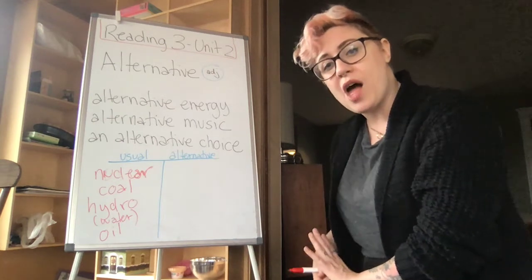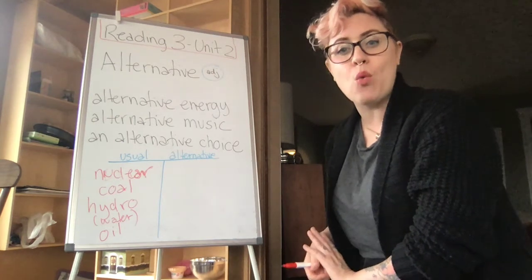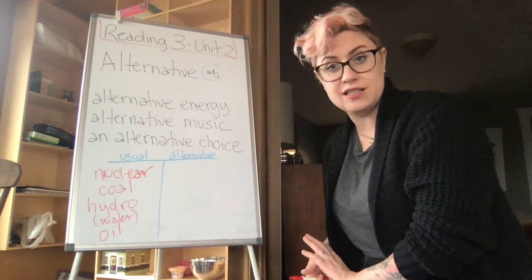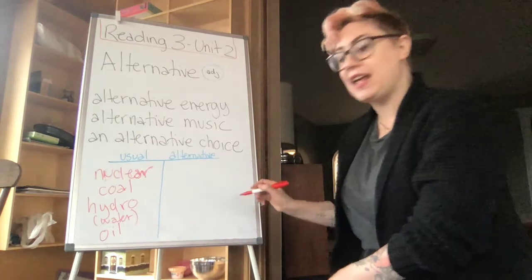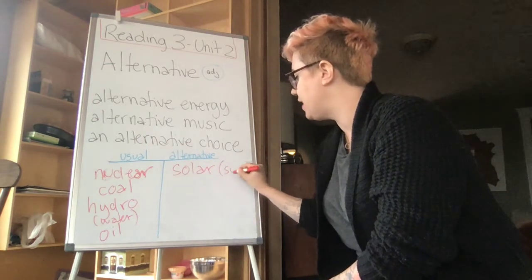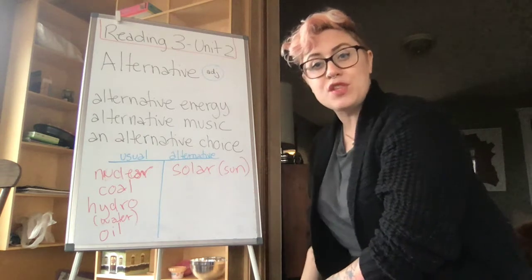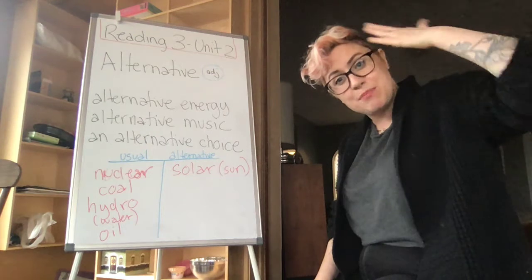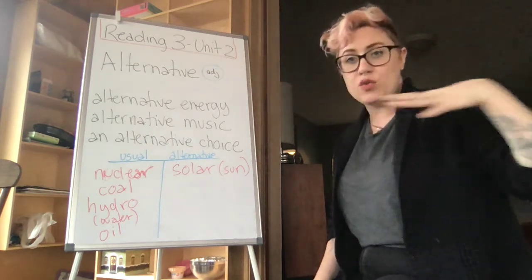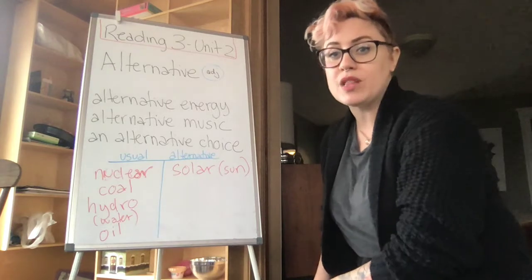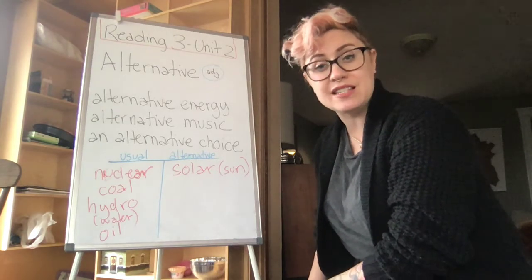So right now, I want you to try and think about what are maybe some alternative energy sources. Maybe you are thinking something like solar, which means from the sun. So solar energy, you see on top of houses and buildings sometimes, those grids that suck in the energy from the sun. You also see them in greenhouses to help plants grow.